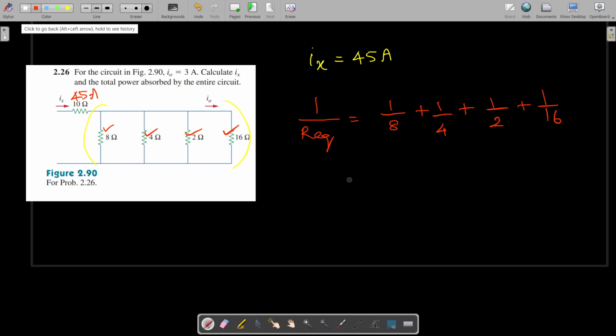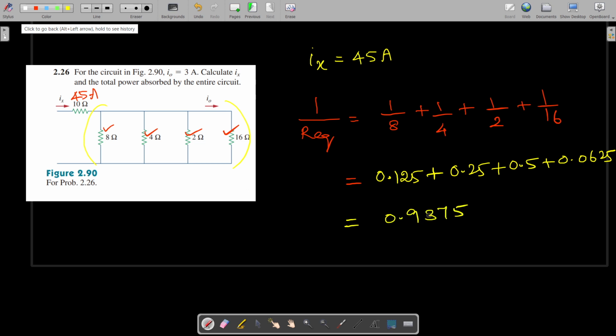So if you calculate, 1 by 8 is 0.125, plus 1 by 4 is 0.25, plus 1 by 2 is 0.5, plus 1 by 16 is 0.0625. So when you add all these, we get 0.9375.